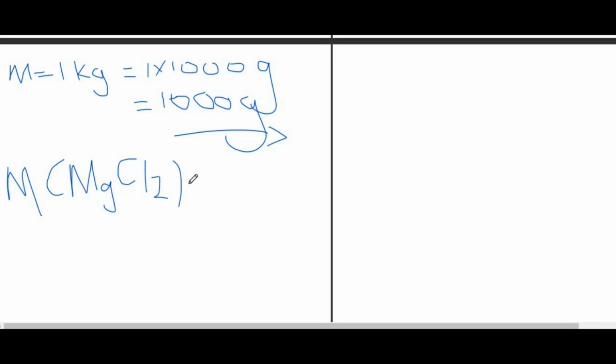So you say, okay, I'll look at my periodic table and say, okay, the molar mass of magnesium is 24.31, plus the molar mass of chlorine, how much is that? 35.45, but there's two of them, so I must multiply by 2.